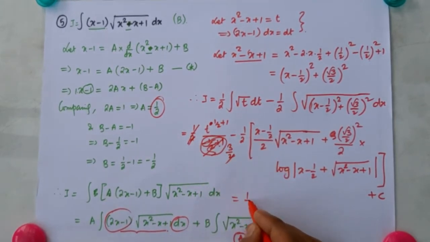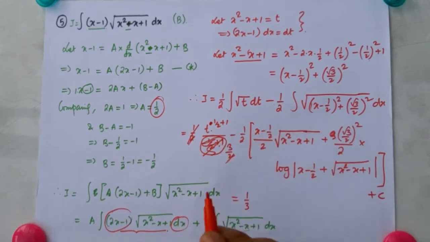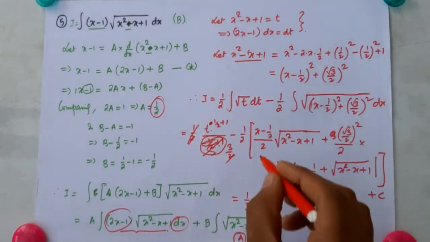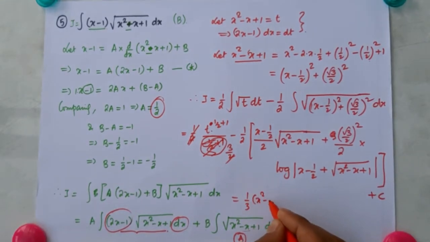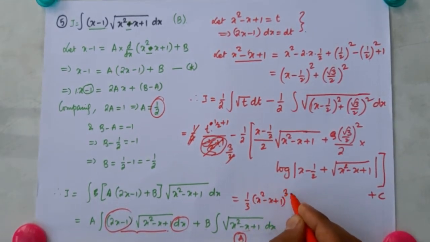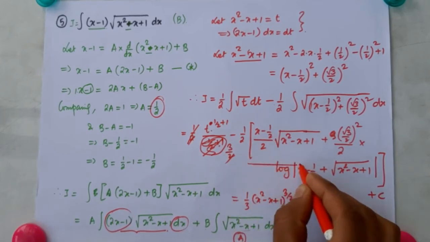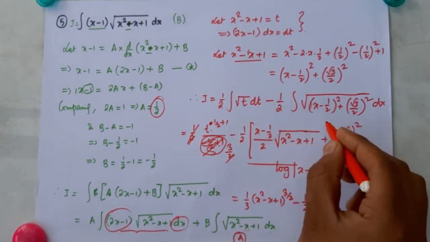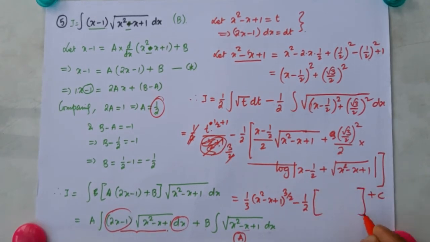So you will get 1 by 3 t to the power 3 by 2, that is t is this one. So x square minus x plus 1 to the power 3 by 2, and the rest you will just simplify and write. So minus half, this whole stuff is there, so you'll write the whole stuff within this, and that will be your answer for this particular question.